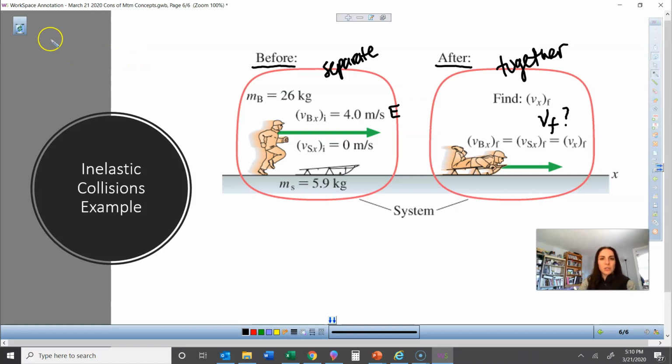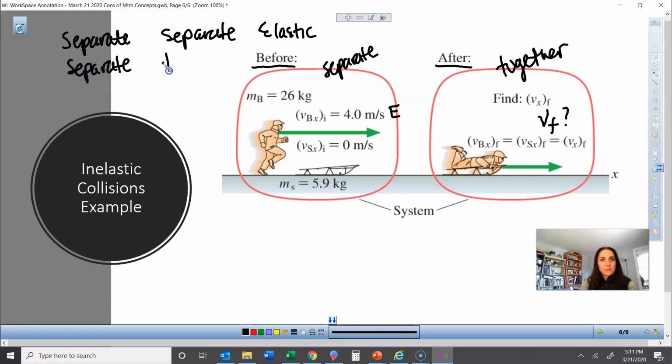In fact, a little cheat sheet. I didn't even think about this until just now. If they're separate and then they remain separate, that's an elastic collision. If they're separate, then together, that's inelastic.